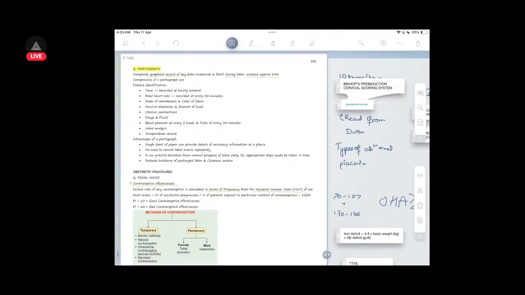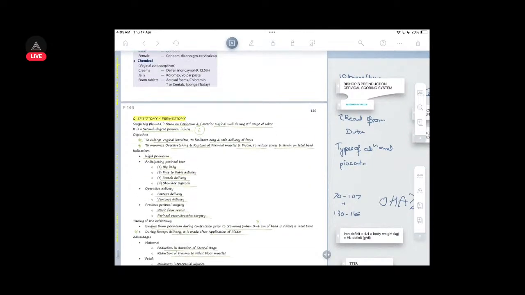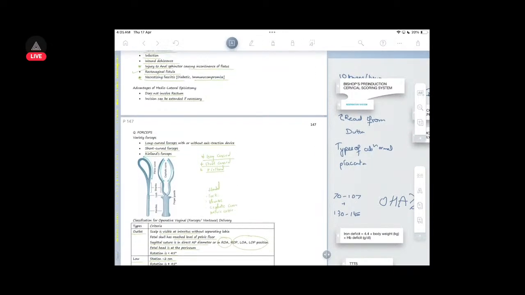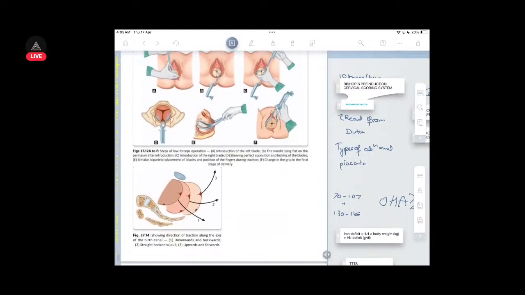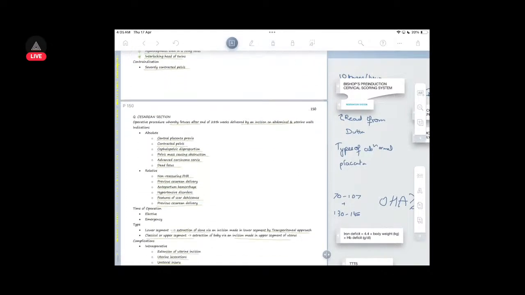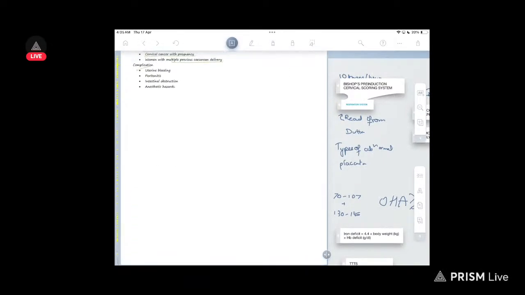Active management of labor, partograph, Apgar score, episiotomy, forceps, vacuum, cesarean, hysterectomy.